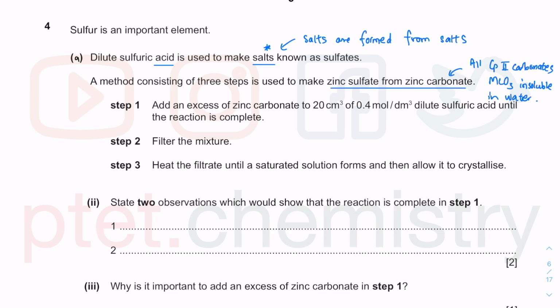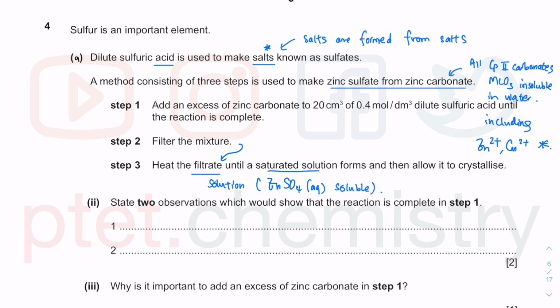So this includes the Zn2+ and the Cu2+ carbonate as well, for the group 2 carbonate insolubility. So we started out with something insoluble, and we get this zinc sulfate which is soluble. That's why we can filter the mixture, and then we heat the filtrate, because the filtrate is the solution containing ZnSO4 aqueous, because that is soluble.